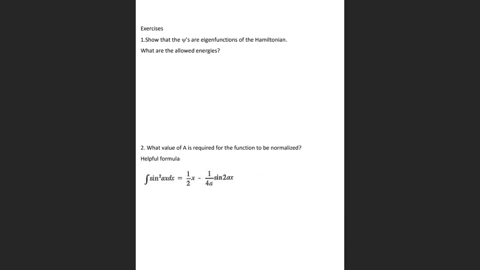Right below the formula, I will write the integral of A squared sine squared of n pi x over L dx. We only have to worry about x from 0 to L.